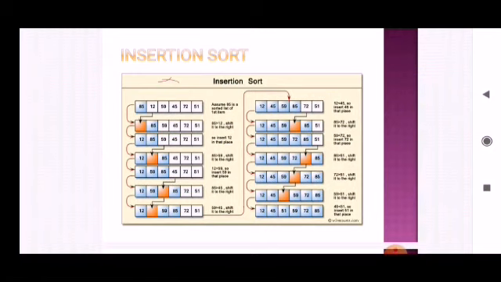Here we are comparing. Assume 85 is the sorted list of the first element. Now we compare: 85 is greater than 12, so shift it to the right. Means 85 is shifted to the right and 12 is inserted in that place.